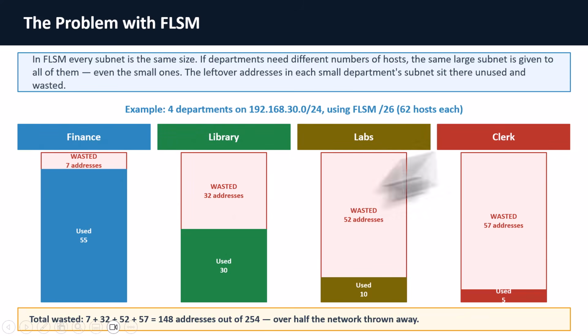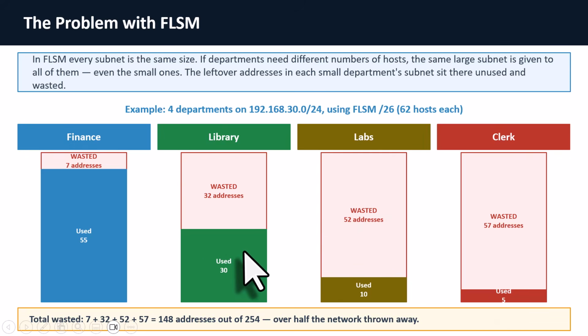We have, for example, here the different departments. We have the finance department, which has a total of 55 used. So we have 7 addresses unused. We have the library here. We have assigned 30. We have 32 unused because everyone is getting 62 host addresses. And in a small department like a clerk's office where there are only 5 computers, 57 addresses are wasted.